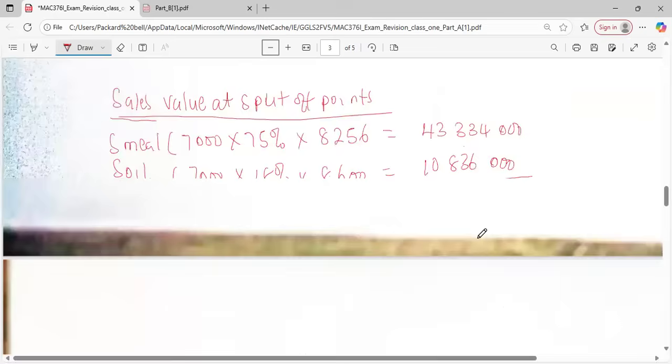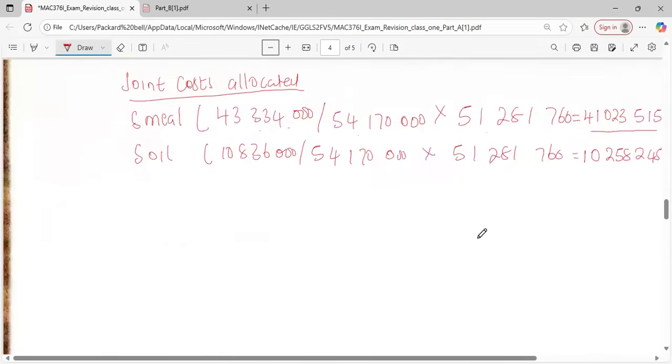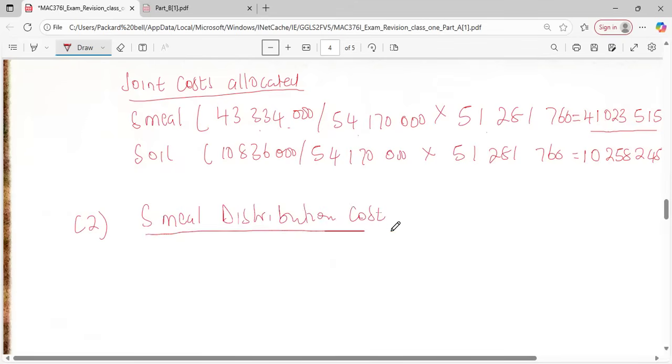Okay, let me just go down so that we can do this one. So this is going to be our, let's put it as our C2. In our C2, we want S meal distribution cost. Right, S meal distribution cost, we are going to use the high-low method.